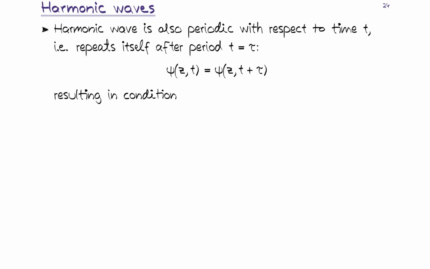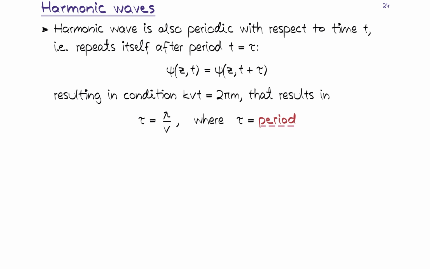Now we have a condition that k times v times tau must be an integer multiple of 2 pi times m, where m again is an integer. From here, we can relate the period tau with the wavelength of light, lambda, and the speed of light. And here tau is the period of our wave.